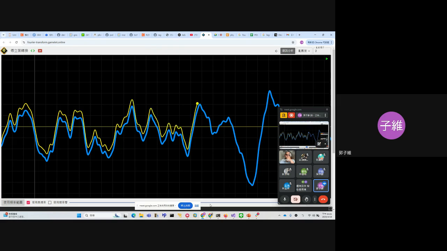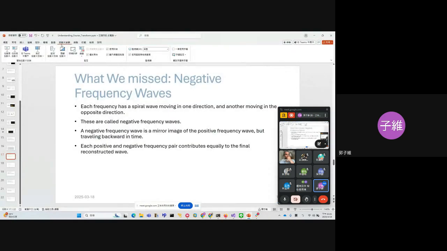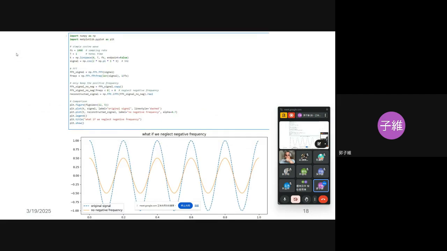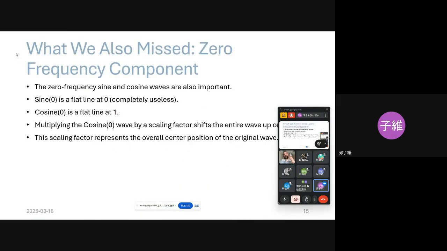But there is still one thing we miss, which is the zero frequency component. The zero frequency of sine and cosine waves are also important. We can't reconstruct the original waveform without it. Now, sine of 0 is just a flat line at 0.